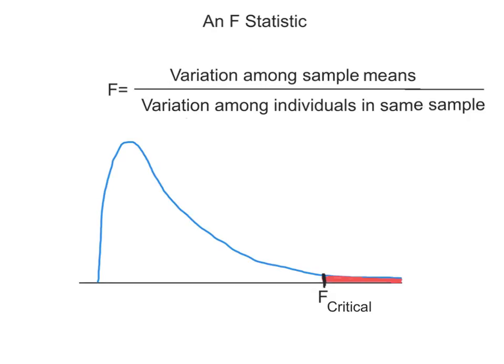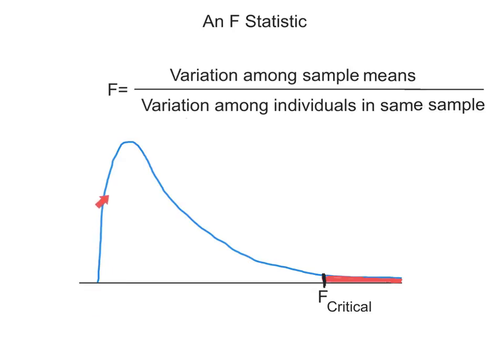An F statistic is a value you get when you run an ANOVA test, an analysis of variance test, to find out if the means between 2 or more populations are significantly different. An F test will tell you if a group of variables are jointly significant. Our F statistic is a ratio of the variation among the sample means over the variation among the individuals within the same sample.